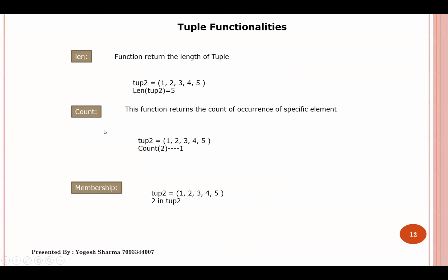Now after that, the function length, which you guys already know. Everywhere we are getting the length. Now after that, we have count. This function returns the count of the occurrence of a specific element.